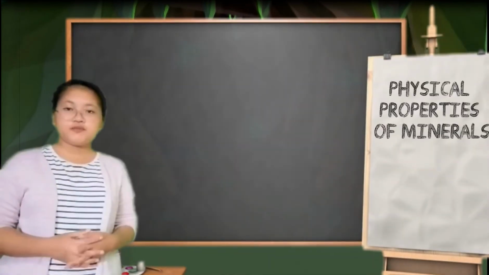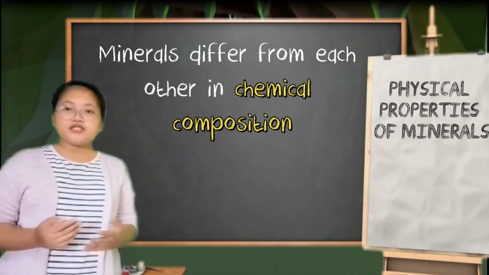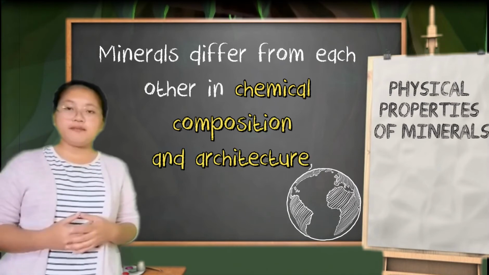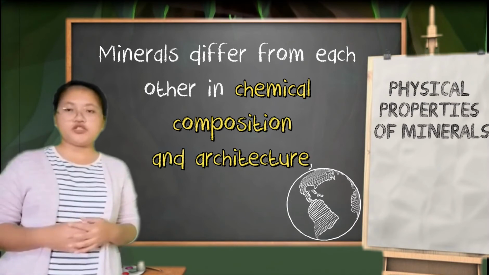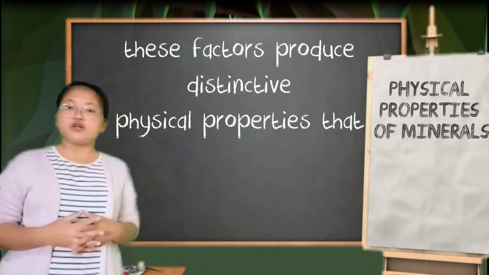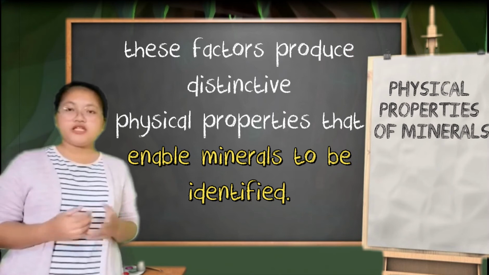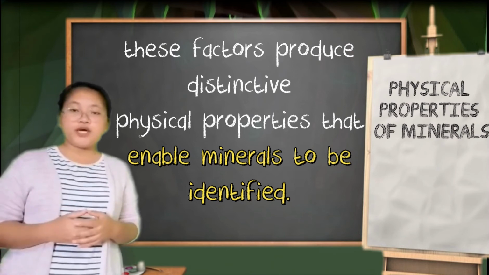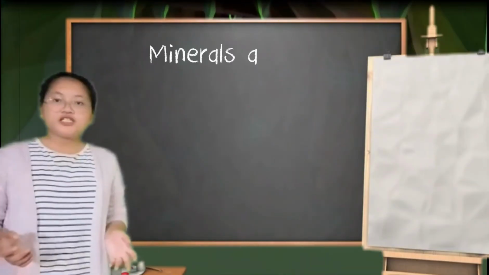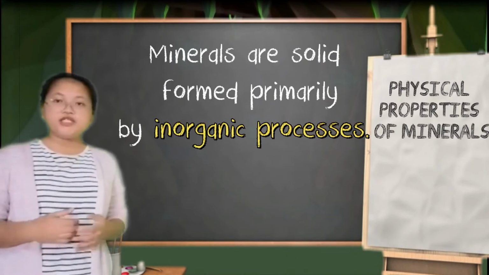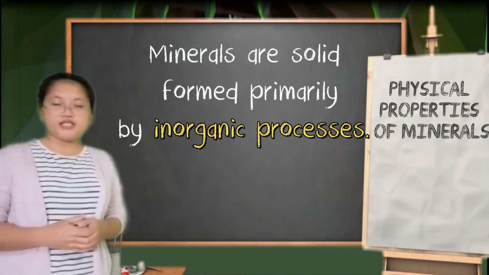Physical properties of minerals. Minerals differ from each other in chemical composition and architecture. And these factors produce distinctive physical properties that enable minerals to be identified. Minerals are solids formed primarily by inorganic processes.